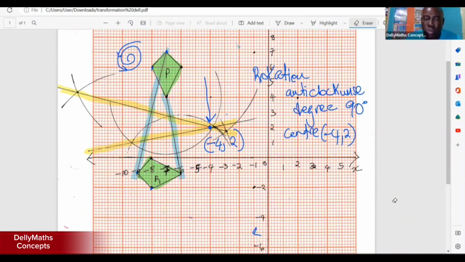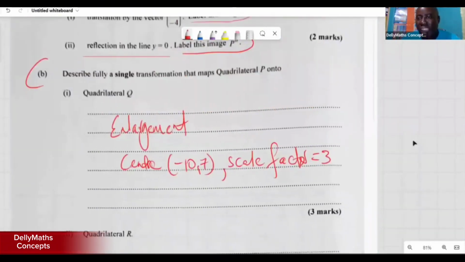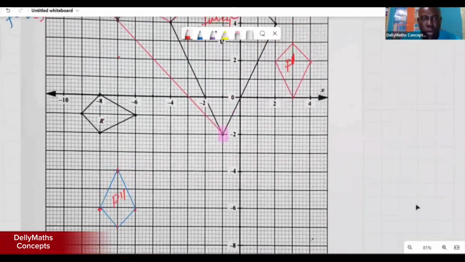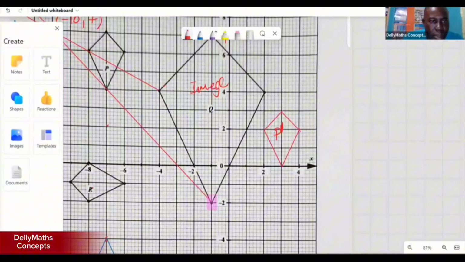But you could also do this. Let's go back to this. Now we could look at the angle on this diagram. We have already decided that this is the center, right here at -4, 2.